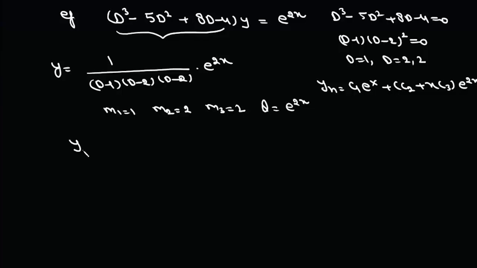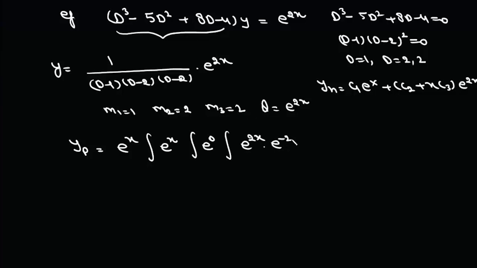Now we will write yp directly. It will be this e to the power m1x. So it will be this e to the power x, and then this integral e to the power (m2 minus m1), so there will be e to the power x, and then this integral e to the power (m3 minus m2), so there will be e to the power 0, and then q, e to the power 2x into e to the power minus m3x.